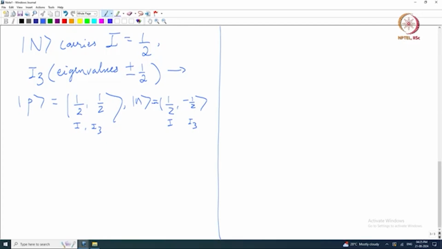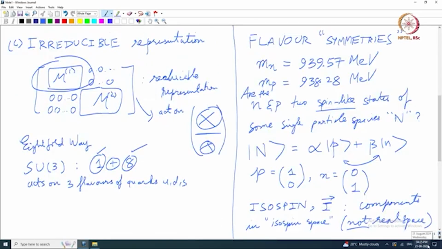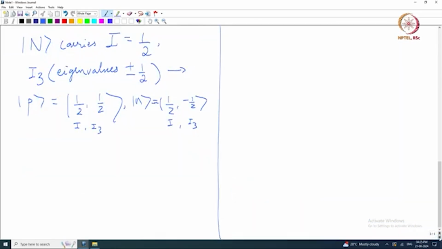If there were some interaction or theory invariant under these rotations in this space, under the isospin operation, then there has to be a Noether charge, because obviously this is a continuous symmetry. The way we have written it, it is a continuous symmetry, just like angular momentum and spin angular momentum.